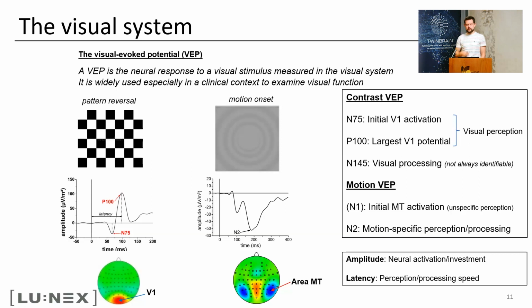Depending on the potential you are interested in, it's either perception or processing, and the time it takes for the visual system to run through these processing or perception steps. So that is the information that we later get out of the data.